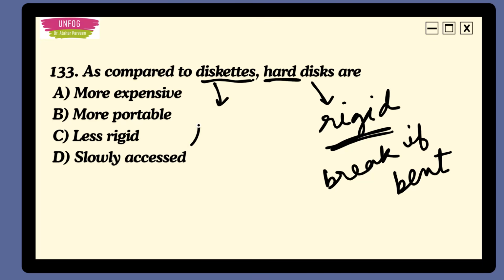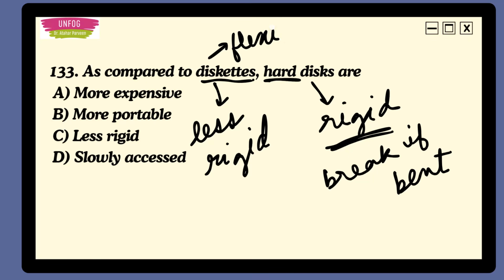But diskettes, they are less rigid. Less rigid as in, if you bend them a little, they won't break. They are pretty flexible. Flexible will be the key word for diskettes. So these diskettes are also called floppy disks.